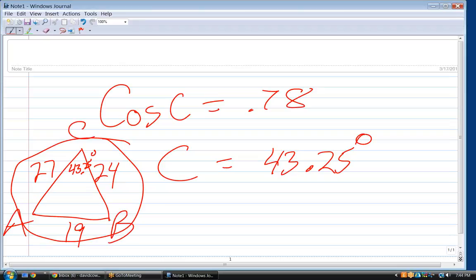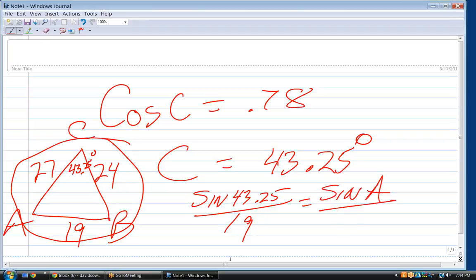So we would do sine of 43.25 over 19 equals sine of A over 24. So sine of A equals 24 times that.